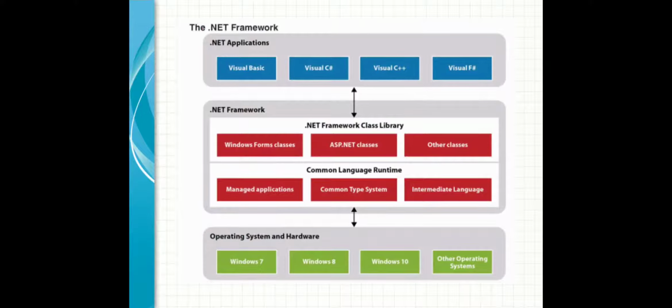This is the .NET framework and architecture. In the .NET applications, there are Visual Basic, Visual C Sharp, Visual C++, and Visual F Sharp, and some other applications are also included in that, such as HTML, ASP.NET, etc. In the .NET framework, two main components are there: .NET framework class library and common language runtime.